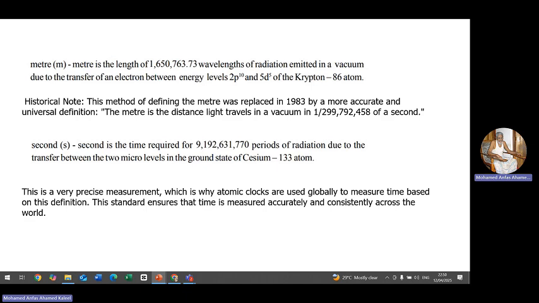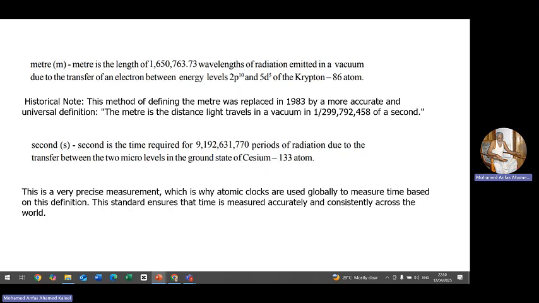That is the meaning of the second. This is a very precise measurement, which is why atomic clocks are used globally to measure time based on this definition. This standard ensures that time is measured accurately and consistently across the world.